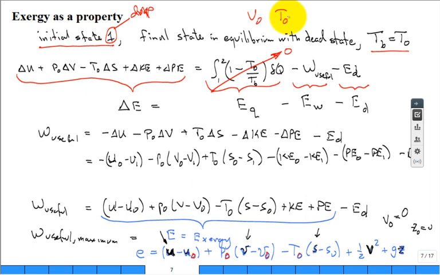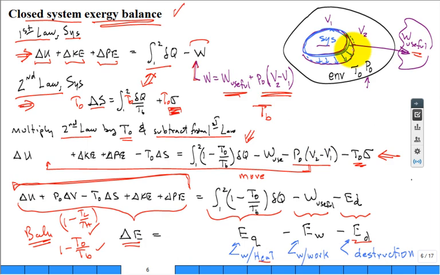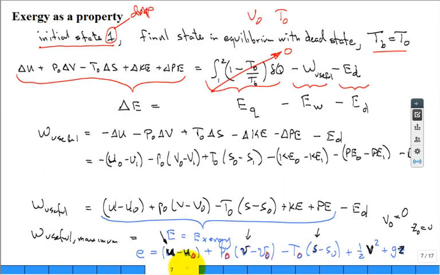The system is in equilibrium with the environment. When you have heat transfer, the boundary temperature is the actual environmental temperature, the dead state temperature. It includes all the irreversibilities within the system; there are no irreversibilities with the heat transfer at the boundary.